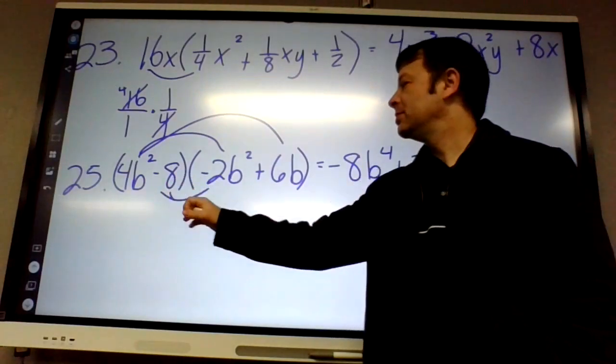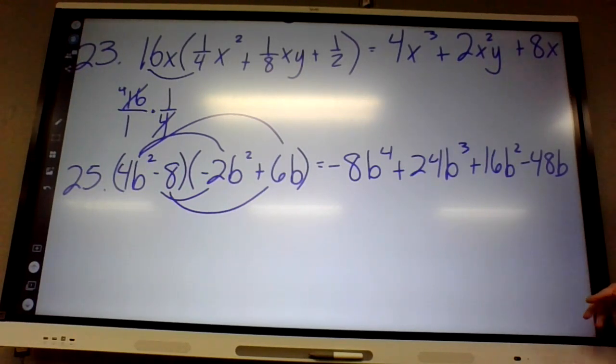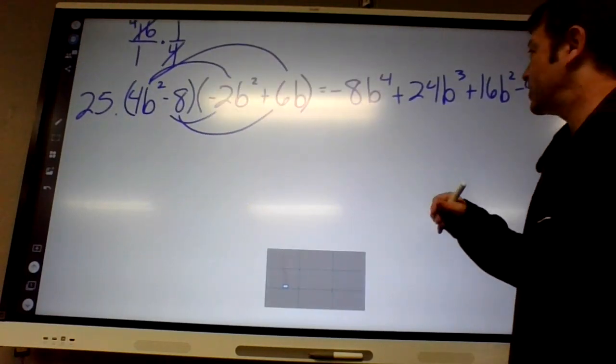Negative 48b. Okay, are any of those like terms? No. So I think to this point we haven't had one of these where they don't simplify. So this might be our first one. That's it. That's all we can do.